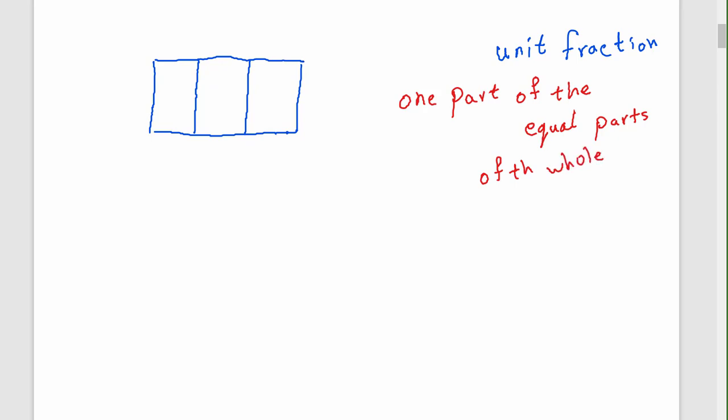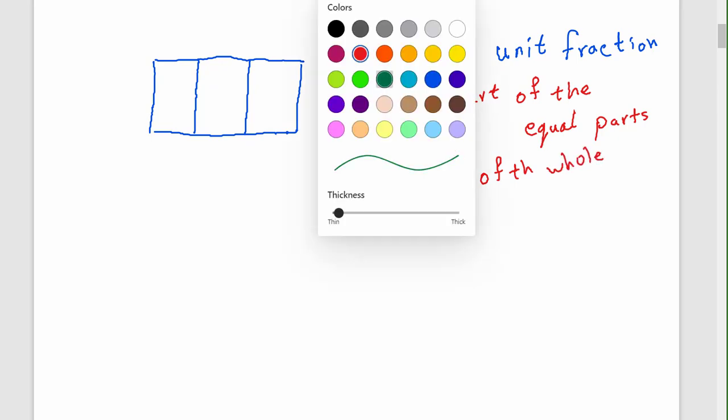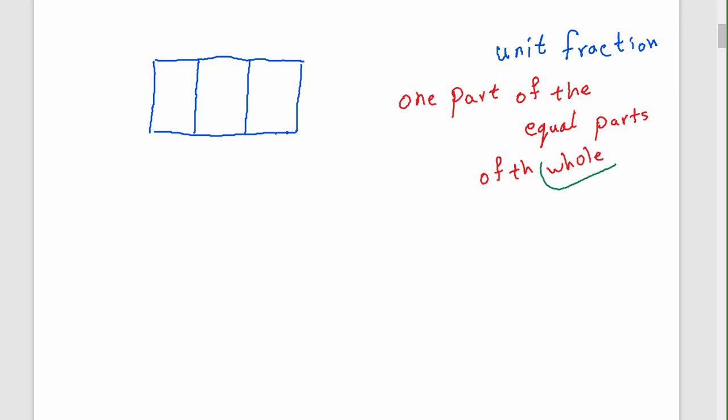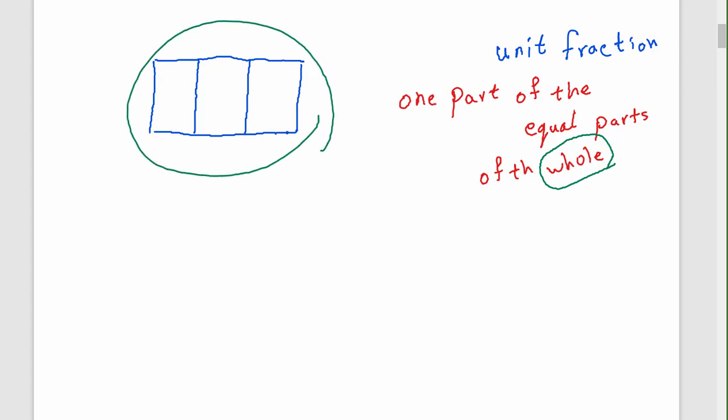We have here this word, whole. What do we mean by whole? Whole means all of it. This is 1 whole.